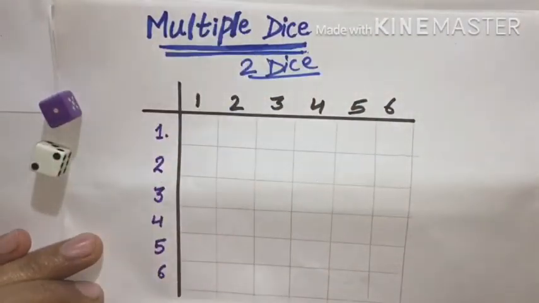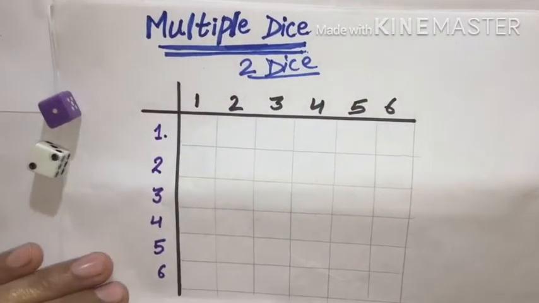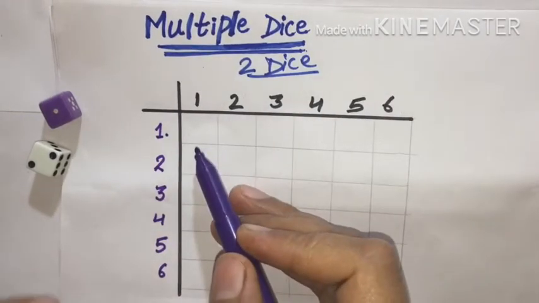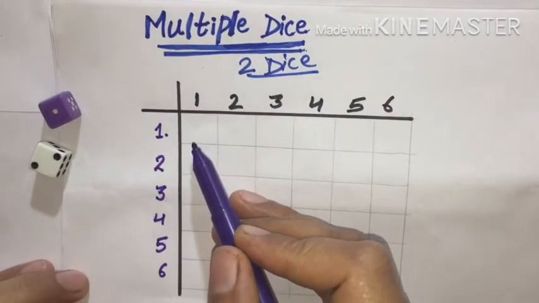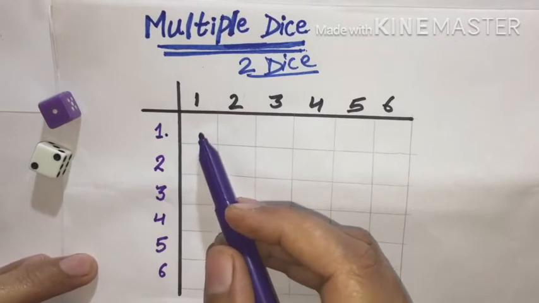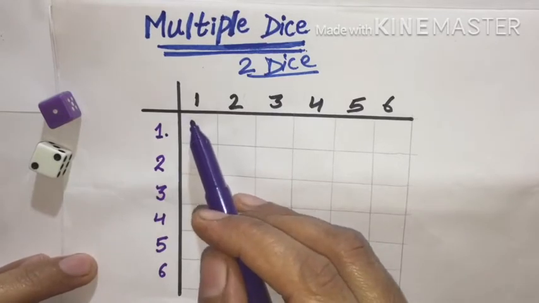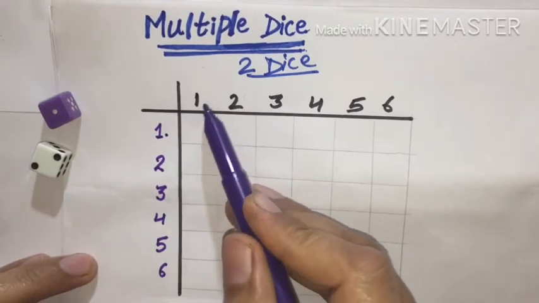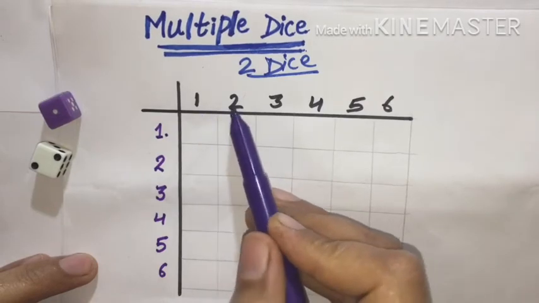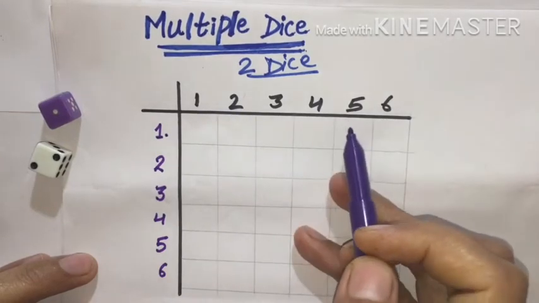These are the cases for the white dice. So how will it work? First, we take that 1 will come on the purple dice, and on the other dice, the white dice, any number from 1 to 6 can come.